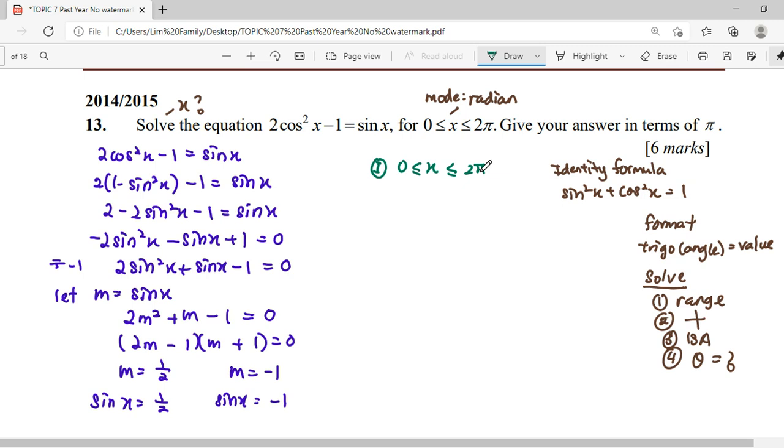So I move on to the second step, which is quadrant. When I see sine positive, the quadrant will be A, S, T, C. So sine positive is quadrant 1 and quadrant 2.